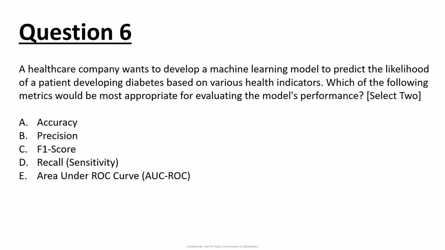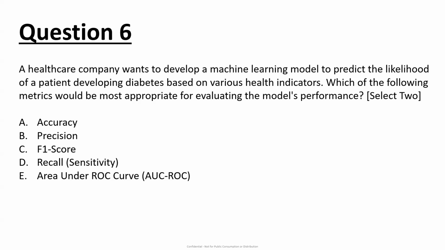If you remember, accuracy is the percentage of total predictions that are correct, right? So here they are asking the likelihood of a patient developing diabetes based on various health indicators. So accuracy cannot be the thing because it's not predicting the correctness.